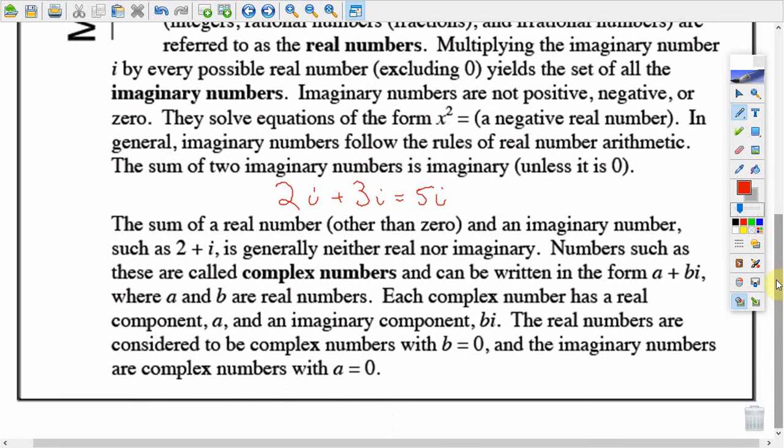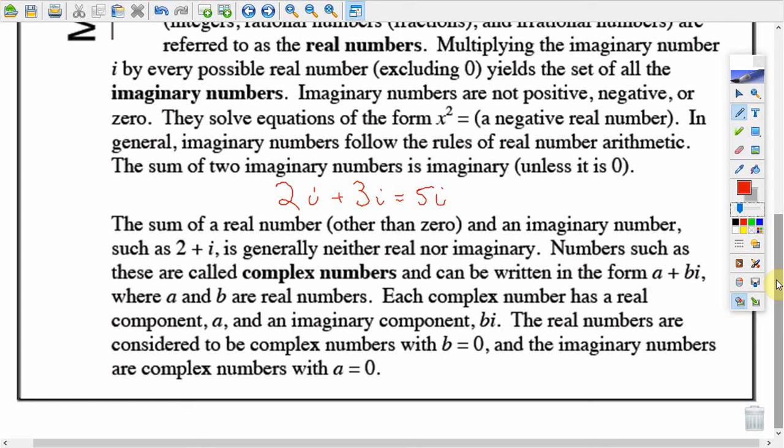The sum of real numbers other than 0 and imaginary numbers such as 2 plus i is neither real nor imaginary. Numbers such as these are called complex numbers and can be written in the form of a plus bi, where a and b are real numbers.